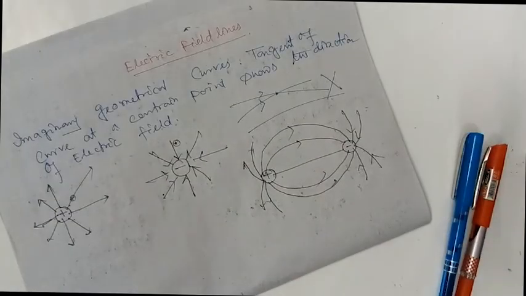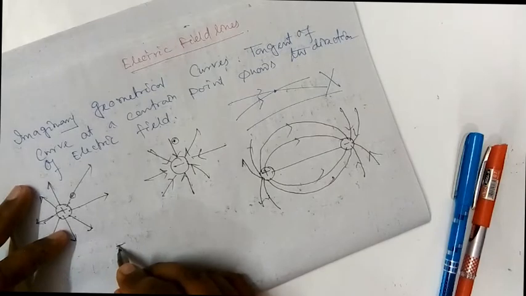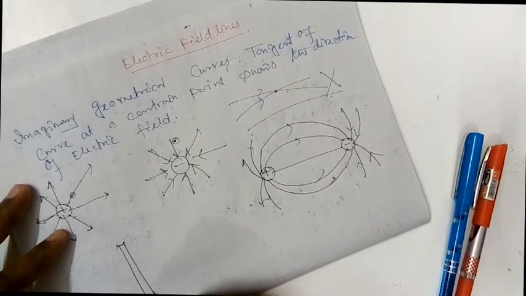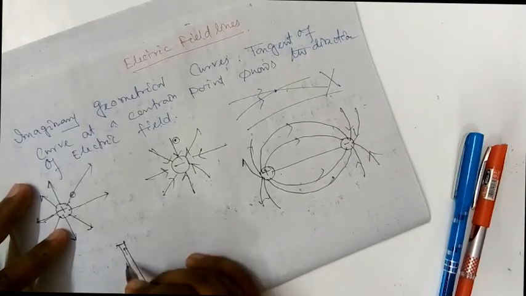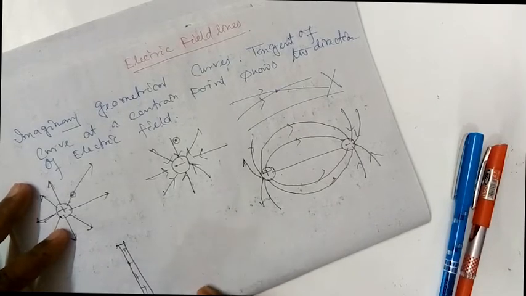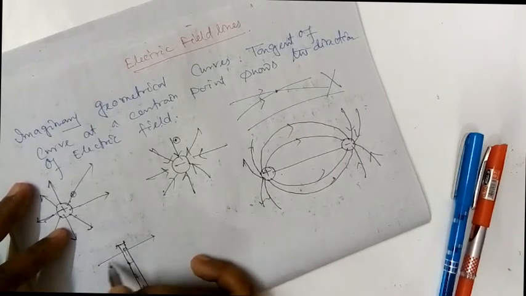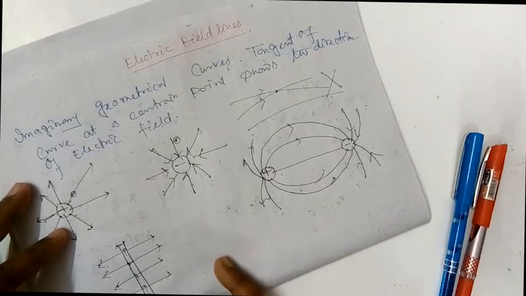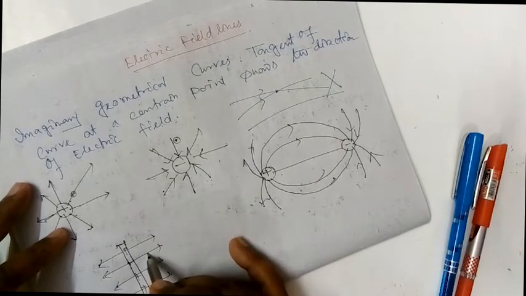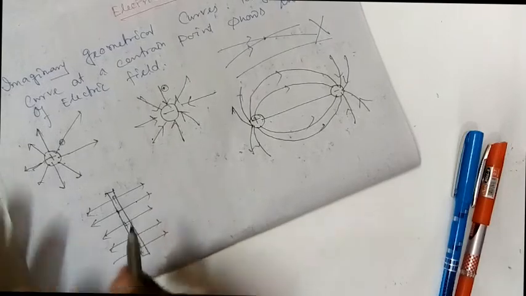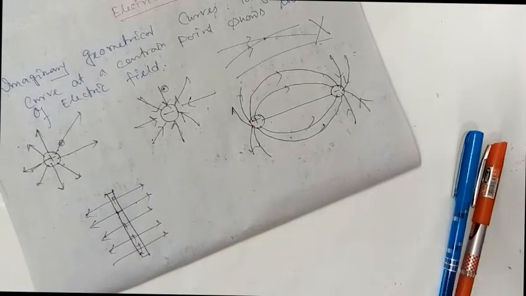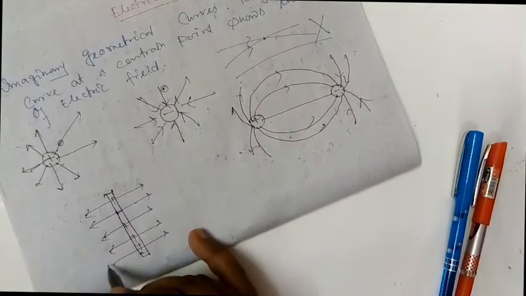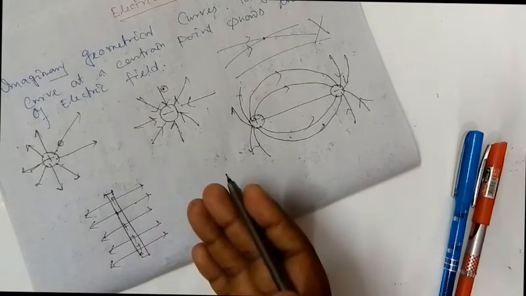If the charge is distributed linearly, assume the charge is distributed here, then the field lines will be like this. The simple thing to remember is to put a small positive charge here; it will repel it, so only these two directions are possible.